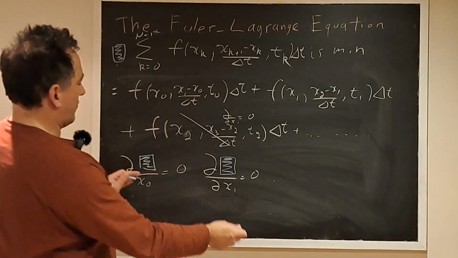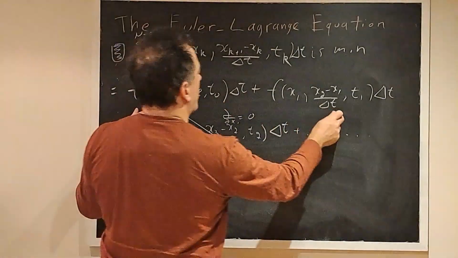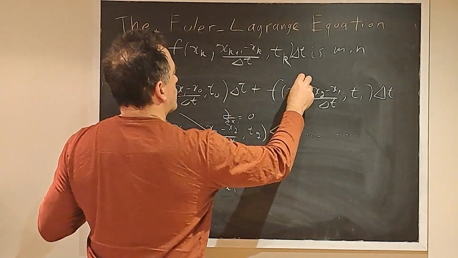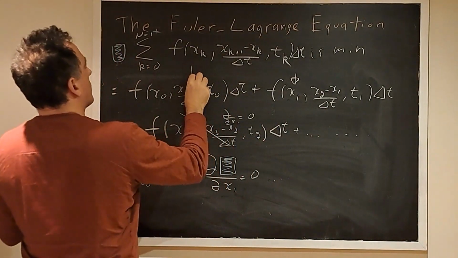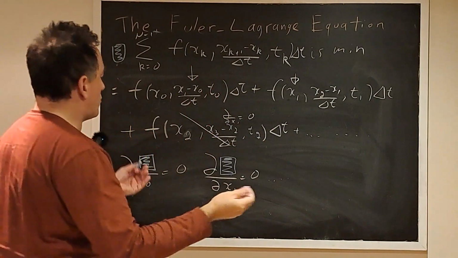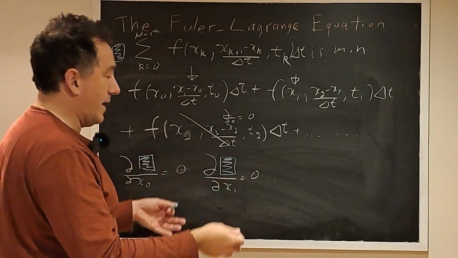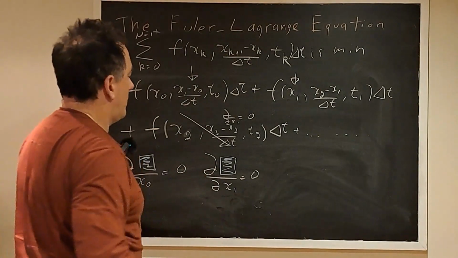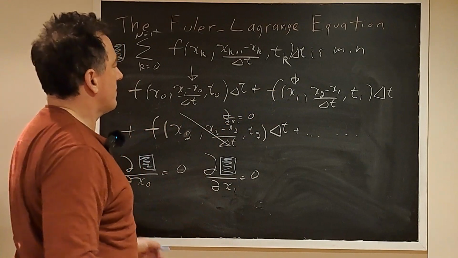So when we derive with respect to x1, all the terms will disappear except for two: the term with the x1 corresponding to the index we're looking at, and the preceding term. This will be valid for x2, for x3, and so on, for any xk, for all k's.